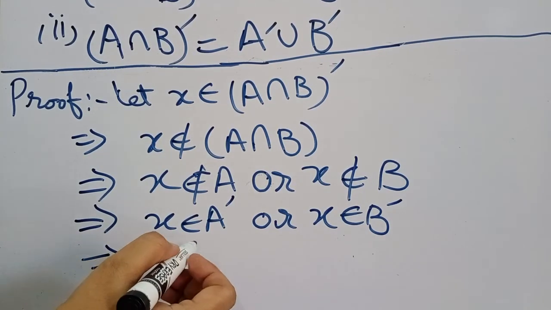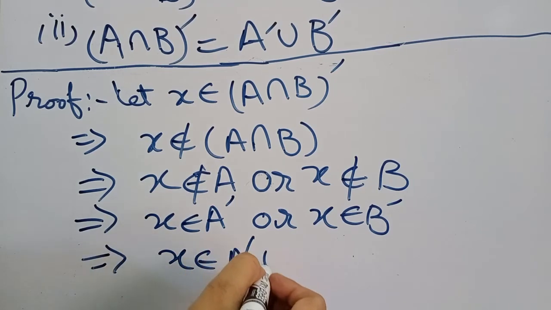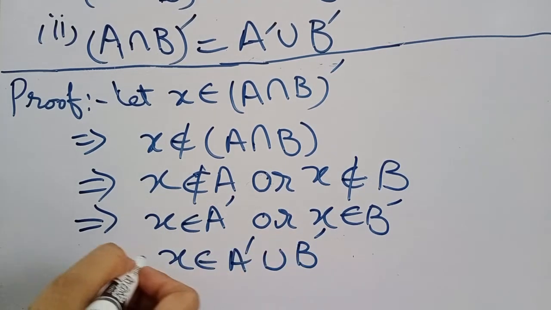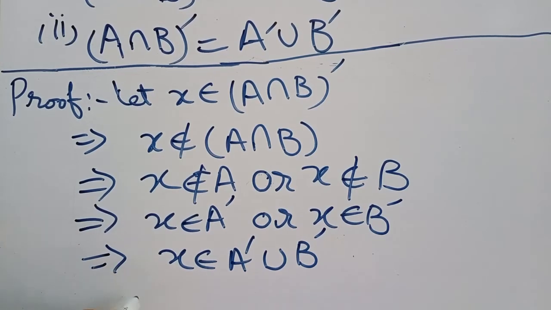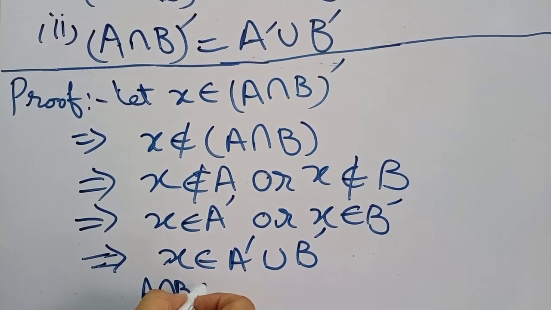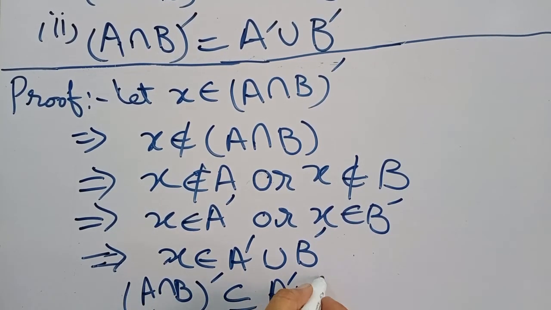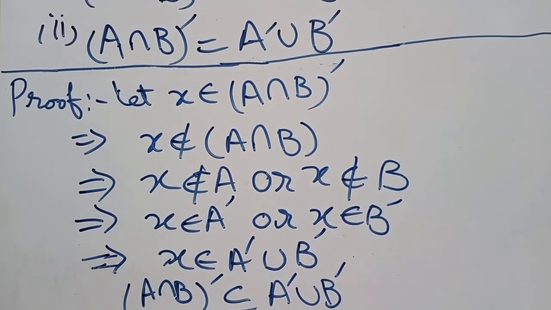If x belongs to A complement, it also belongs to A complement union B complement, and this leads by the law of equality of sets to (A intersection B) whole complement being a subset of A complement union B complement.